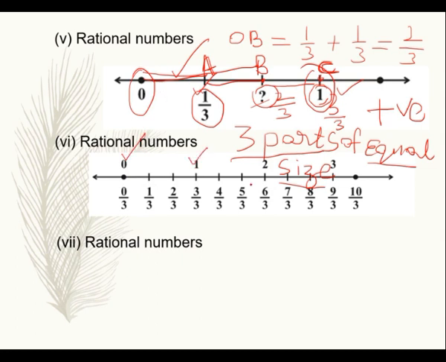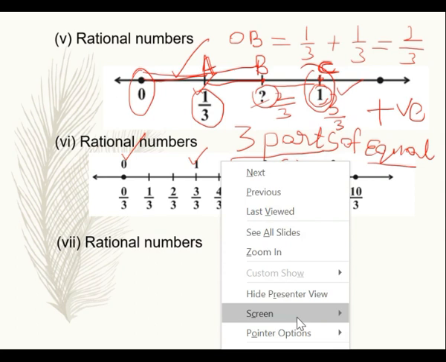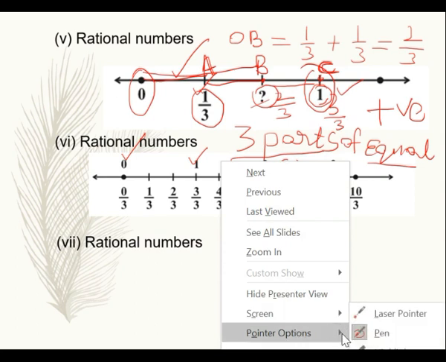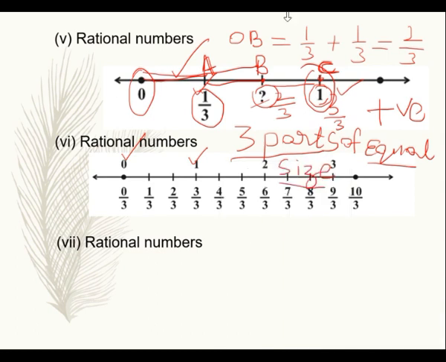Let me take a different ink. Let me take green. Now see 0, 1, 2, 3 and so on. This is also in a positive direction only.